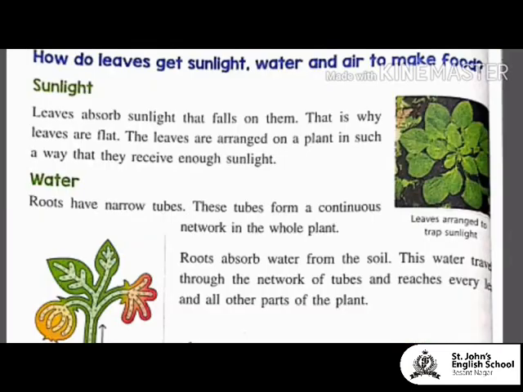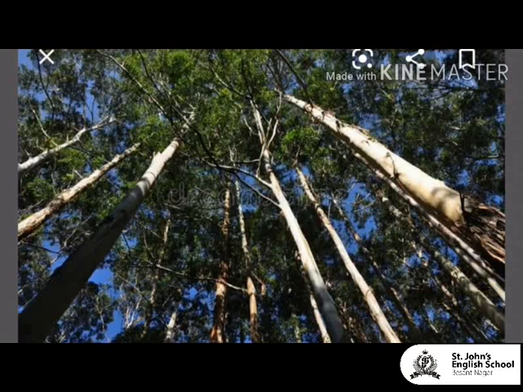If you have gone to hill stations like Ooty or Kodaikanal, you would have noticed that the trees growing in that place grow very tall. Not only here, in cold climatic conditions, trees also grow very tall. Do you know why?